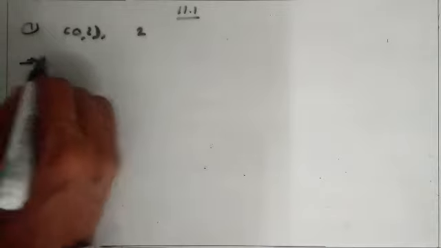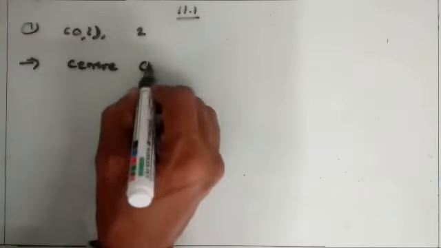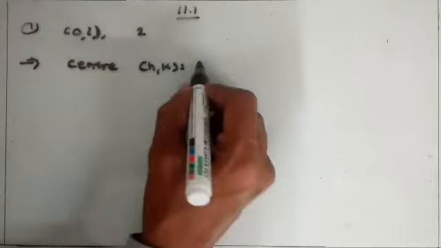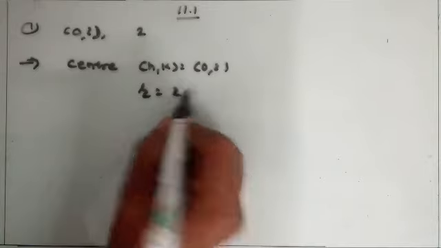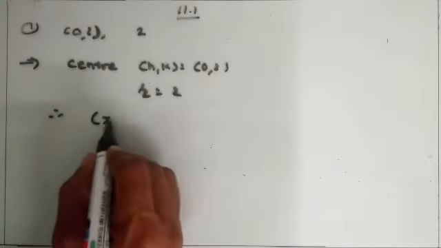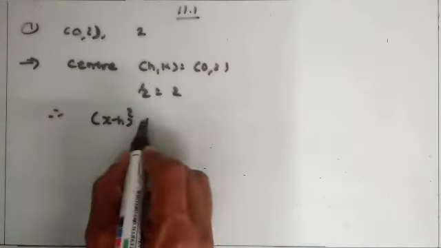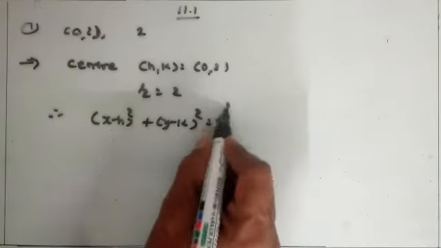Here the center (h, k) is equal to (0, 2) and the radius r is equal to 2. Therefore the equation of the circle is (x minus h) whole square plus (y minus k) whole square is equal to r square.